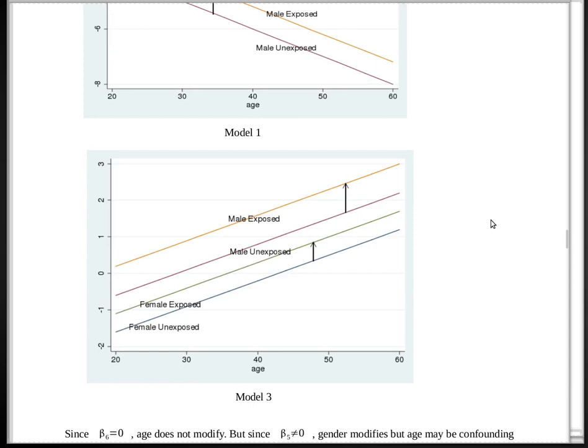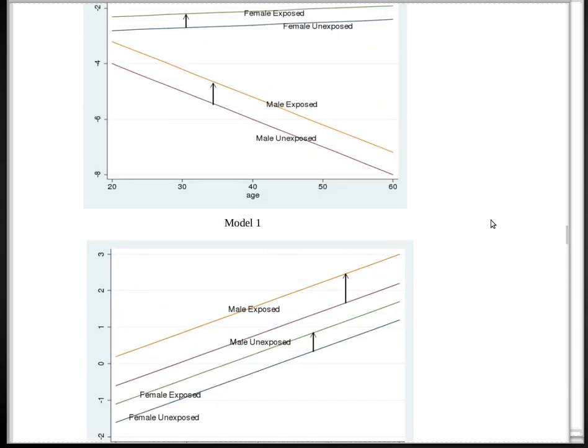If, on the other hand, we do not see a difference, then we might say, okay, it appears that, when comparing Model 1 and Model 3, we could consider gender modification without the consideration of age in this circumstance.